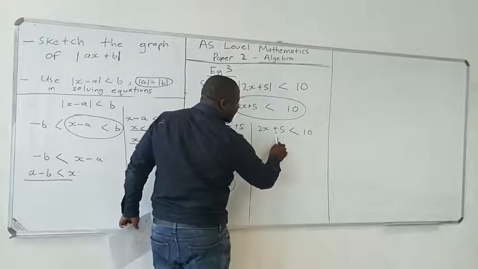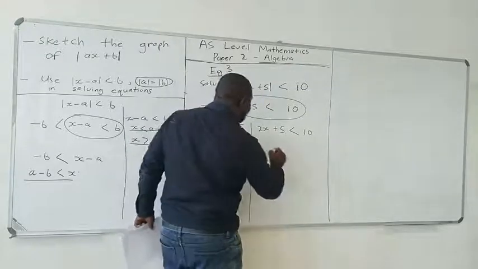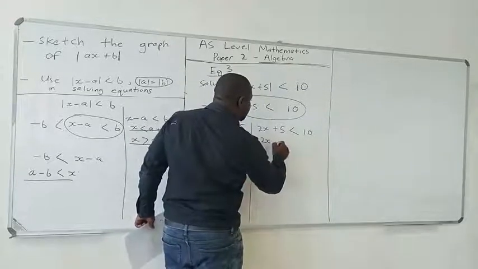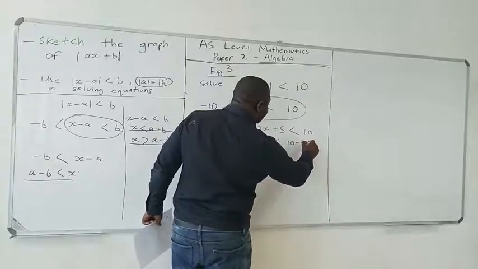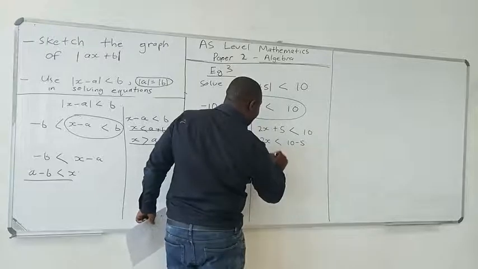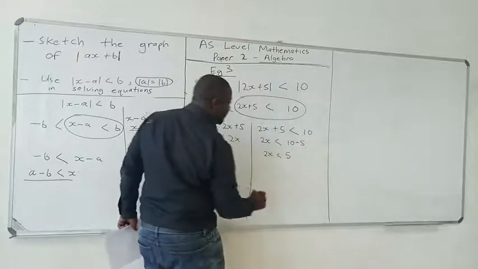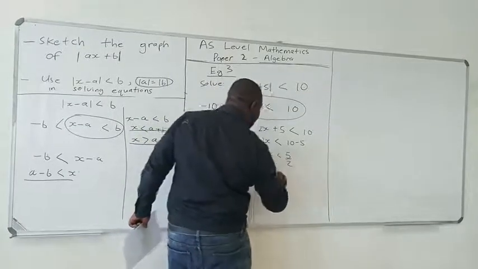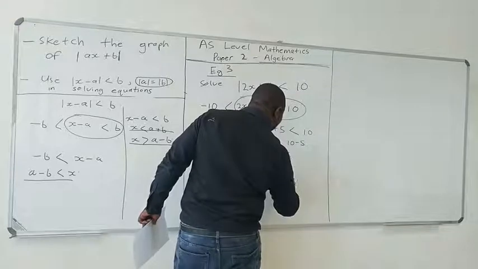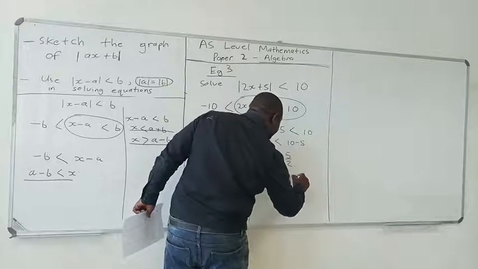It is a positive 5, and when it goes that side, it becomes a negative 5. So it becomes 2x is less than 10 minus 5. 2x is less than 5. We divide both sides by 2. It becomes x is less than 2.5.